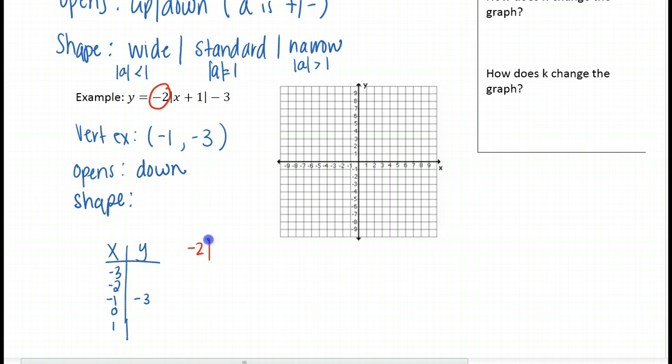So I've got negative 2 times the absolute value of x plus 1 minus 3. And if you do that, I'll show you my work. Negative 2 times the absolute value of negative 2 plus 1 minus 3 is negative 2 times positive 1 is negative 2 minus 3 is negative 5. So that's where I get that negative 5.